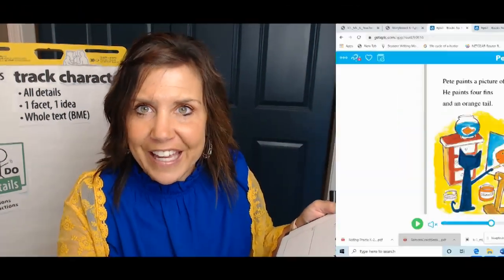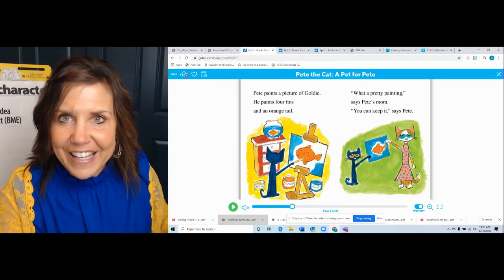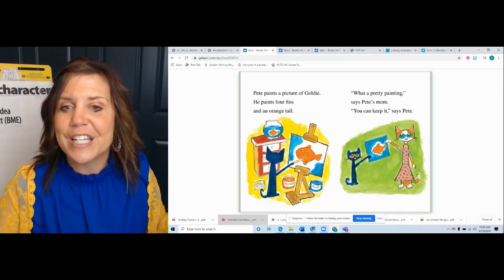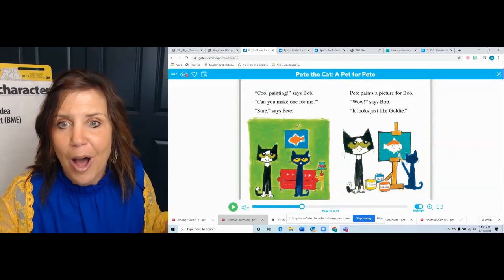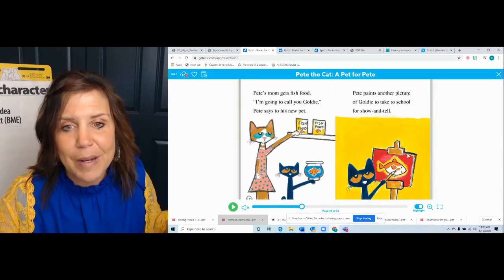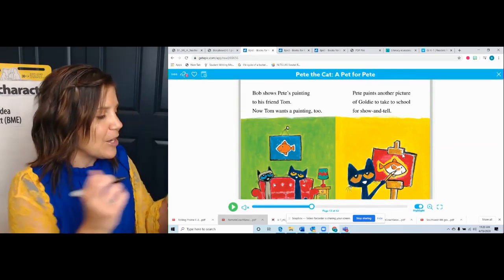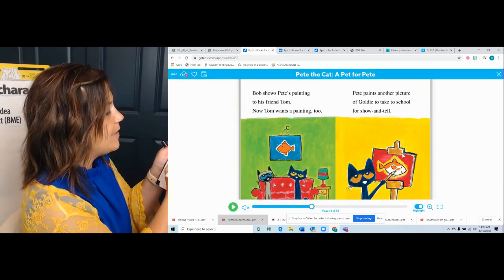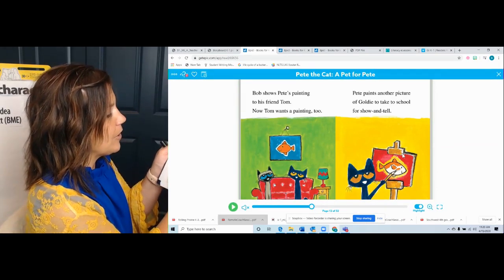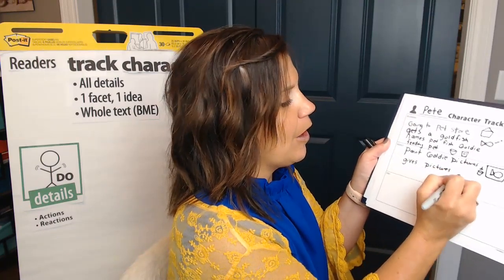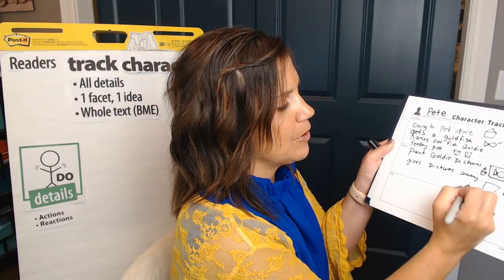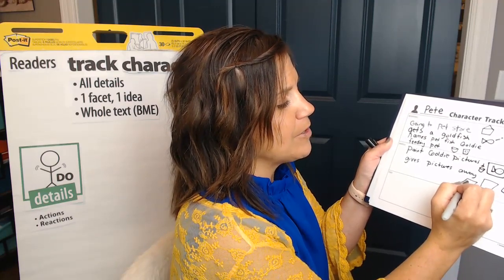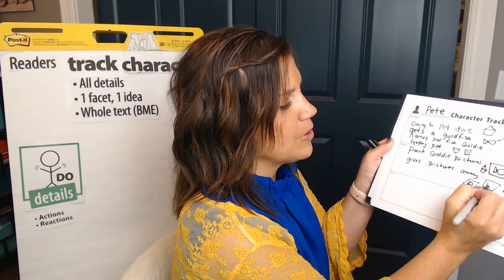And then look at the next page. He's giving the picture to his mom. So he starts to give away the pictures, doesn't he? If we flip through here, remember, and Bob wants one, and then everybody starts to want pictures. And so I'm going to say he gives pictures away. And so I'll just draw lots of different pictures, because everybody started to want pictures of Goldie, right?